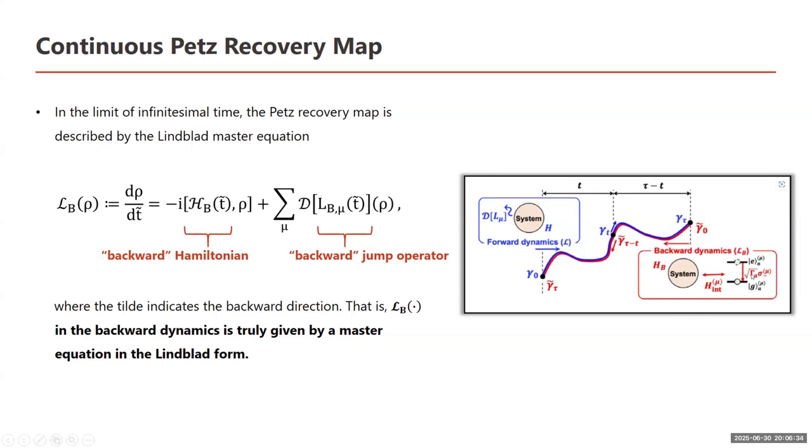As you can see here, the reverse jump operators can be implemented by an interaction Hamiltonian between the original system and an environmental ancilla. And this ancilla should be strongly decaying, which I will mention later.